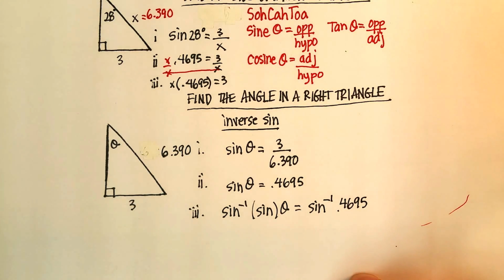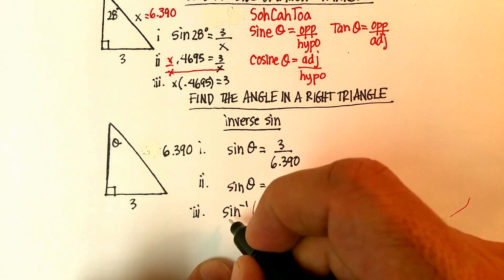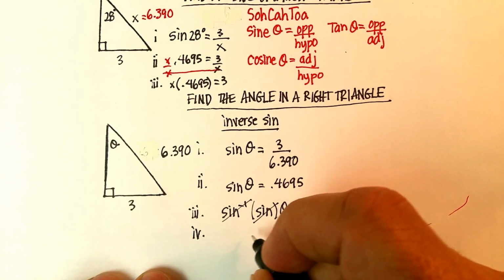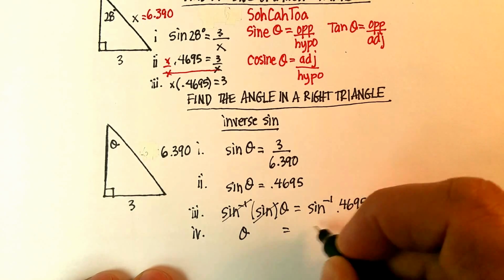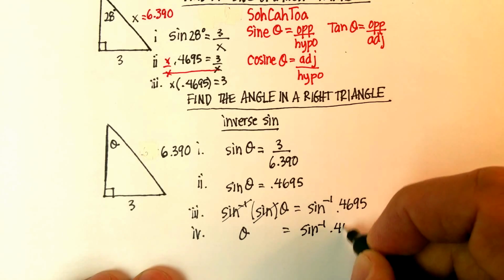Okay? Now, whenever you multiply something by its inverse, it equals 1. So this essentially just goes away. And what I have now is theta is equal to the inverse sine of 0.4695.